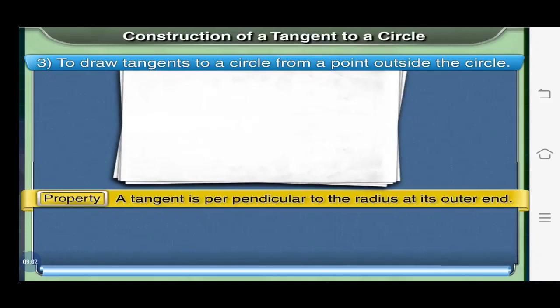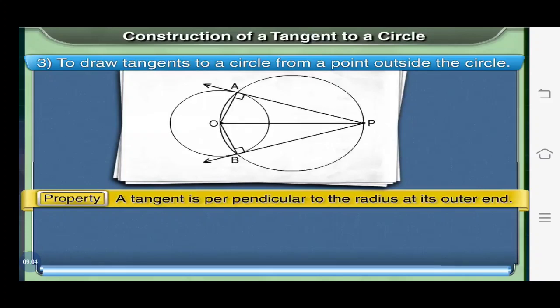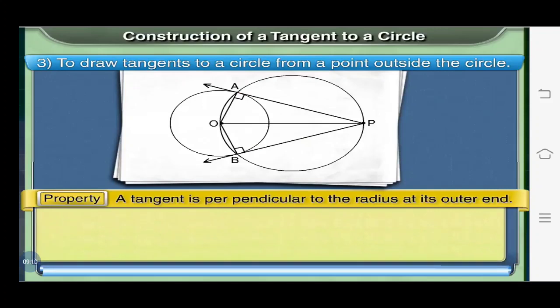Look at the figure here. Here, you can see 2 right angles. So, we will have to draw 2 right-angled triangles to get the required tangents. We know that the angle subtended by a diameter is a right angle.